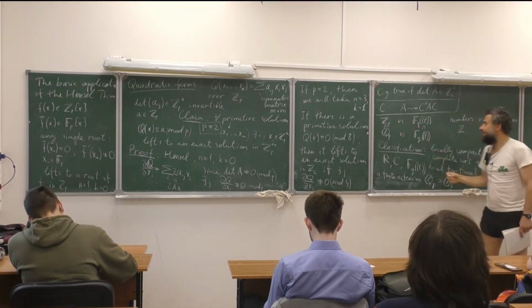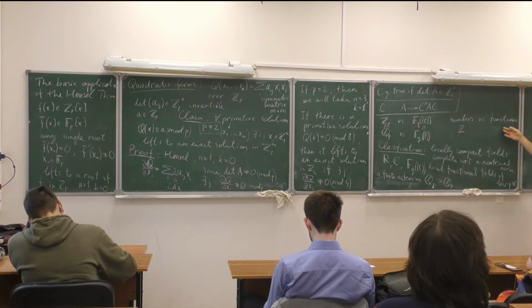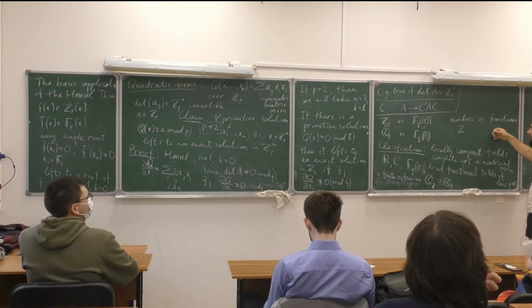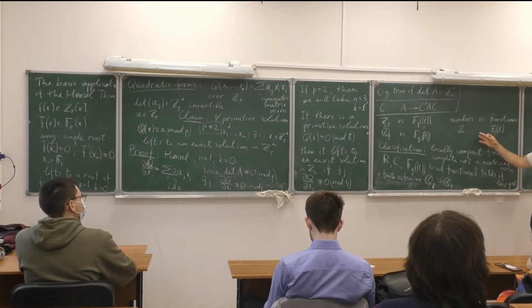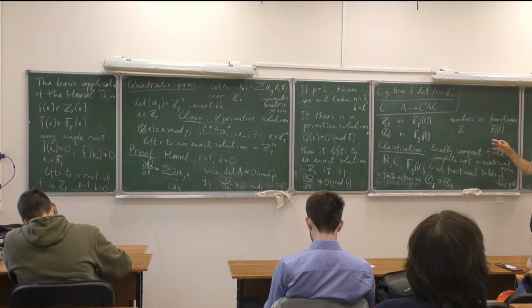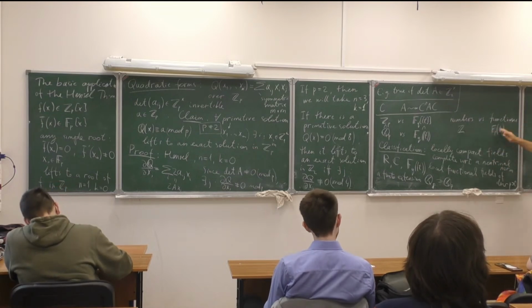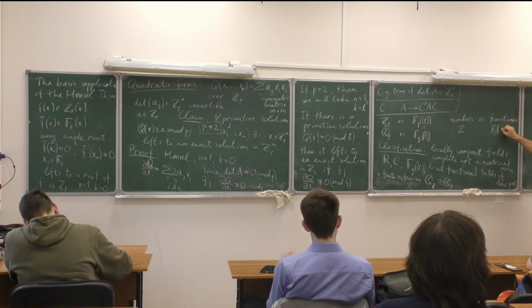P-adic is some completion, and the functions are maybe functions on some curve, maybe over a finite field, like rational functions of one variable. That's a typical field. But now there are many norms. Well, maybe if I have a ring here, I want to have also a ring here like this.